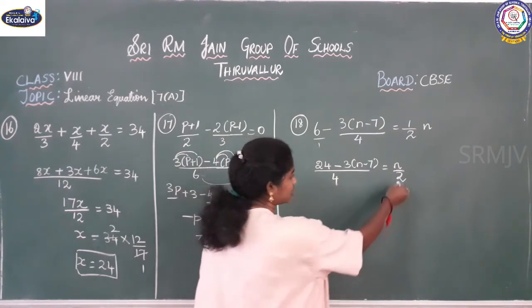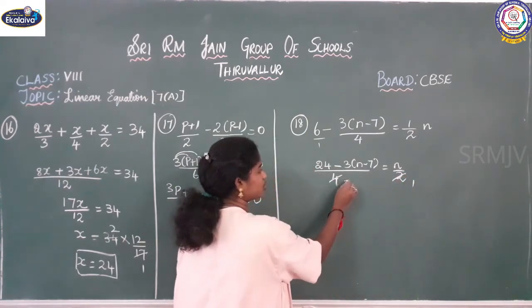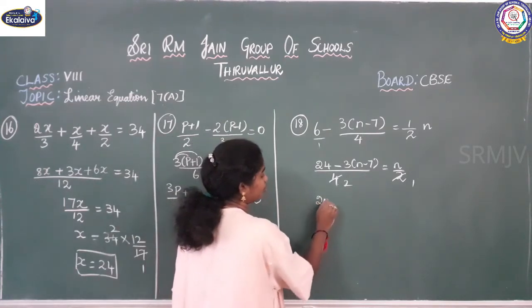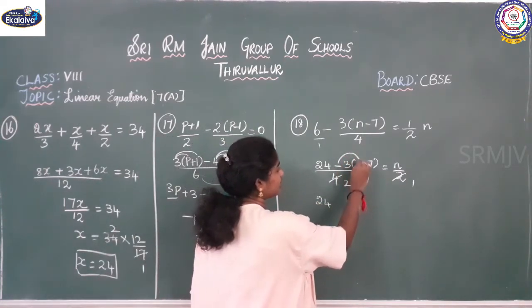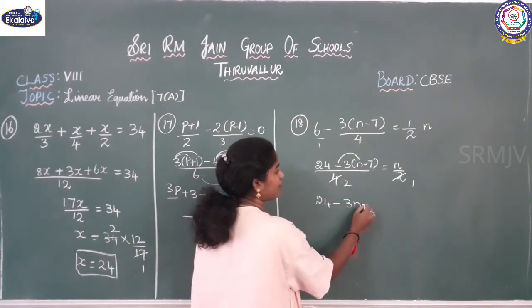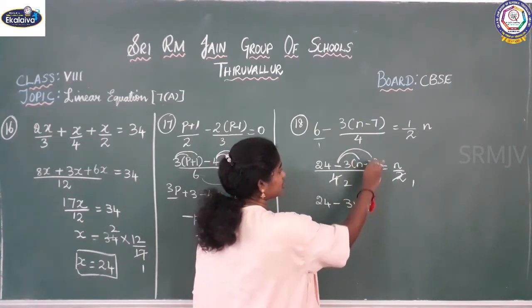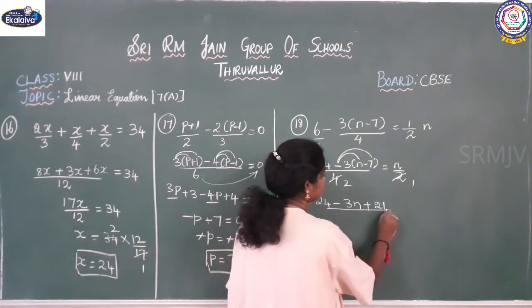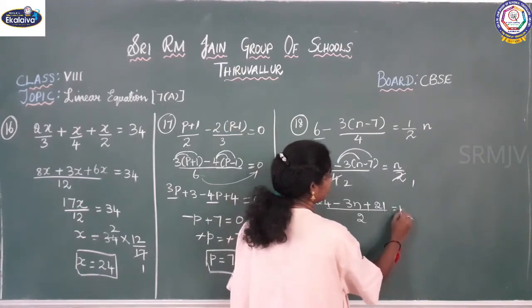Okay. I can cancel this to 1s are, to 2s are 4. Okay. See here 24 minus 3 into n minus 3n. Minus into minus plus 3 into 7, 21, right? By 2 is equal to n.